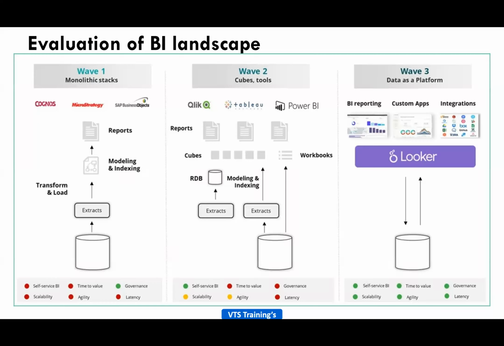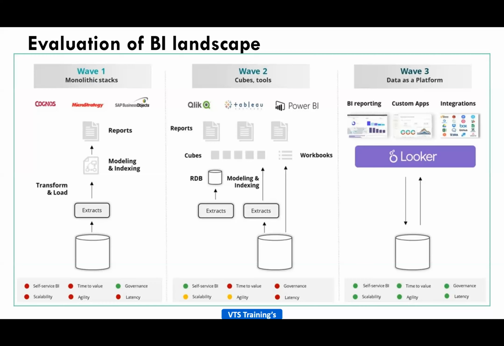They have to get the data from the source system and extract it into relational database systems. On top of it they have to create cubes and workbooks, and on top of that layer they will create the reports.